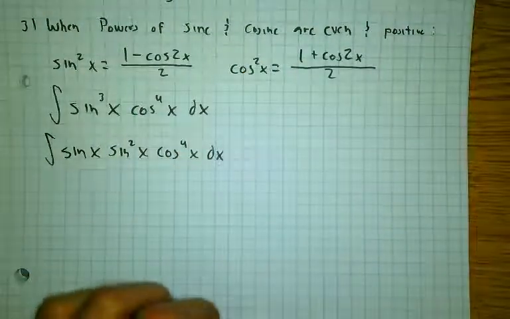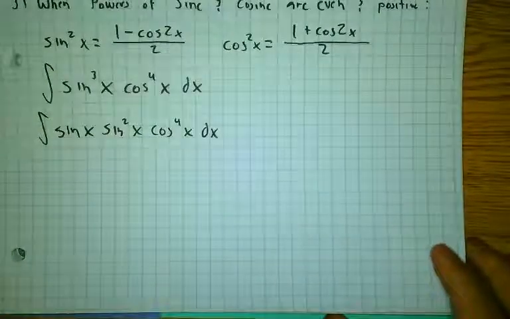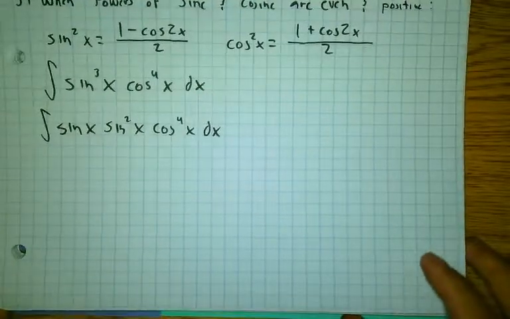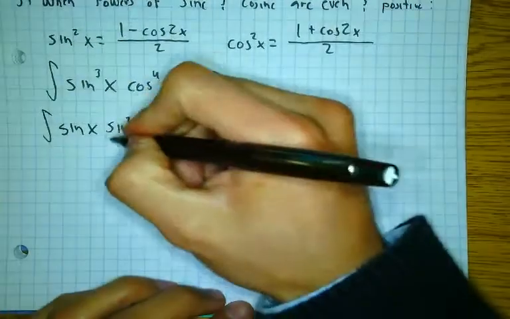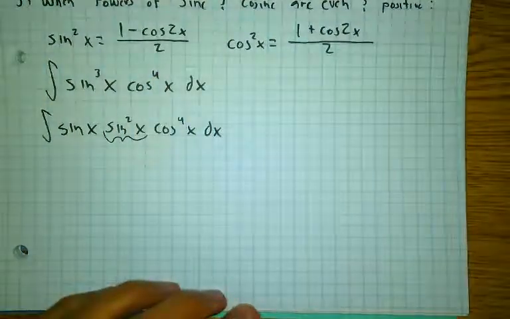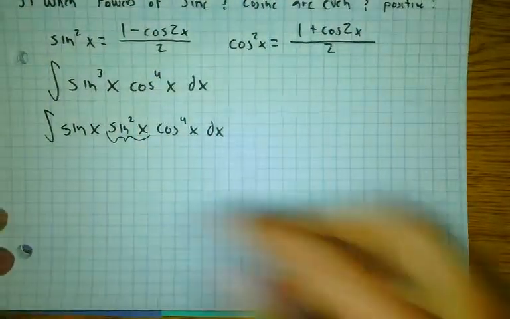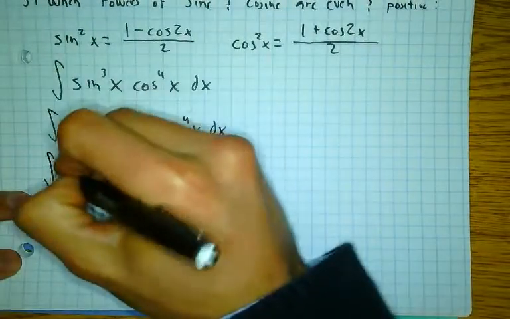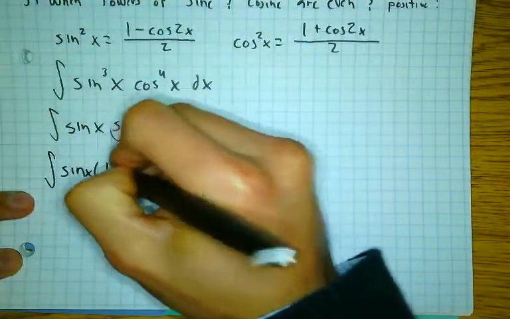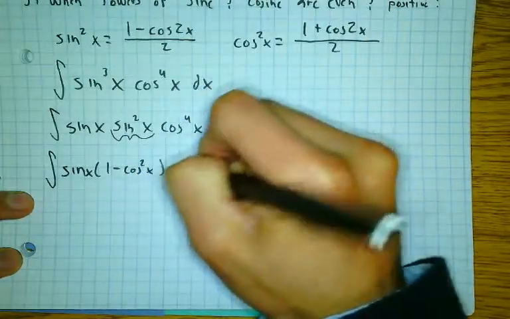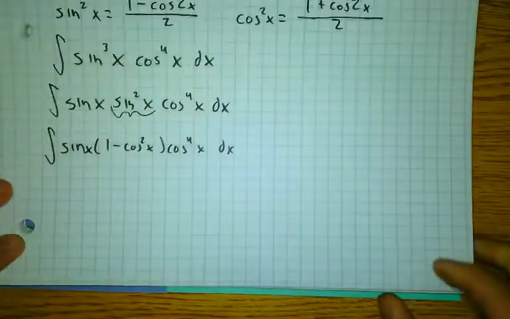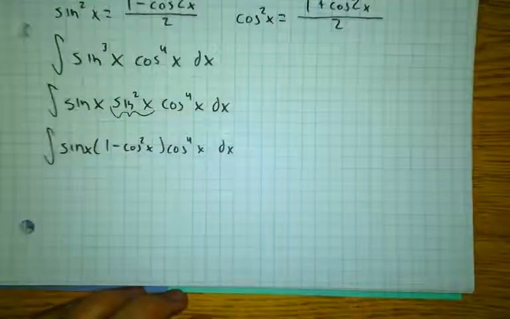I'm going to show more steps than I usually would, just so that you understand what is happening. You're going to go back to your trig identities from trigonometry, and this can be substituted by what? Okay, so we're going to make that substitution. We're going to have sine of x times 1 minus cosine squared x times cosine to the fourth power x. And we're just going to multiply everything out.